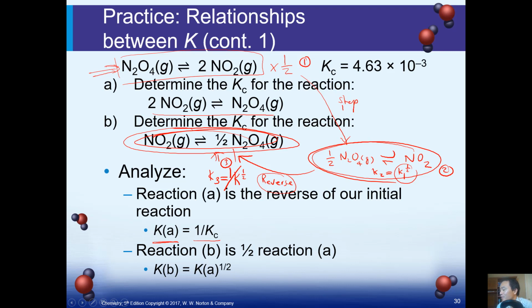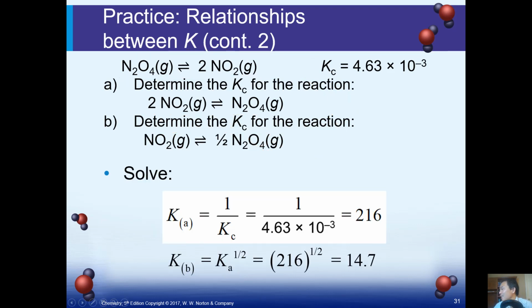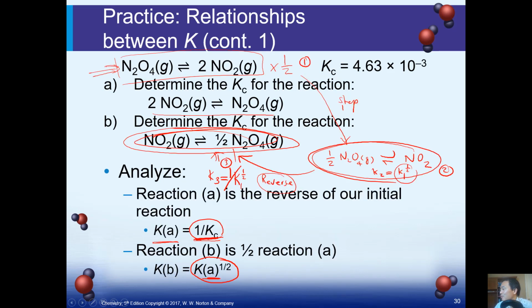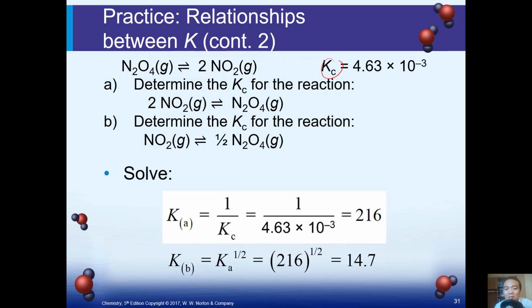So that's exactly what you see over here, because Ka is the inverse of the original. Or K1, I like to use 1, 2, 3 to represent. That's reaction 1, so you can write it as K1. All right. So you just substitute numbers in.